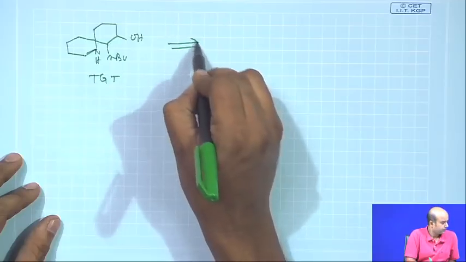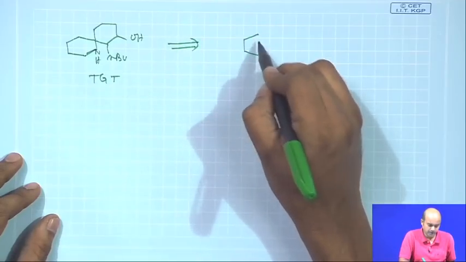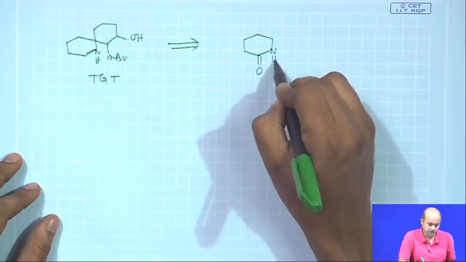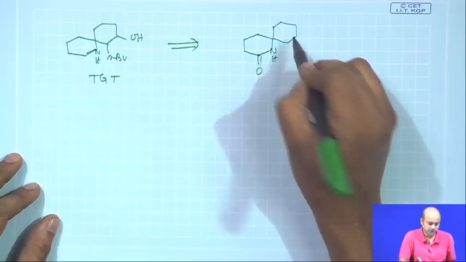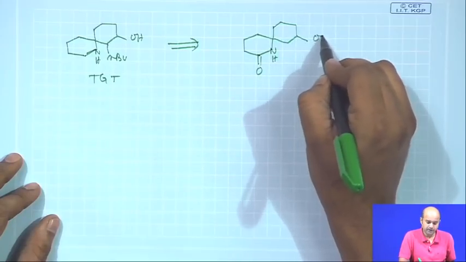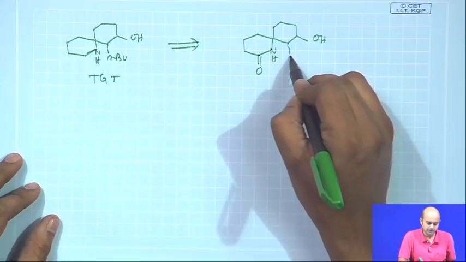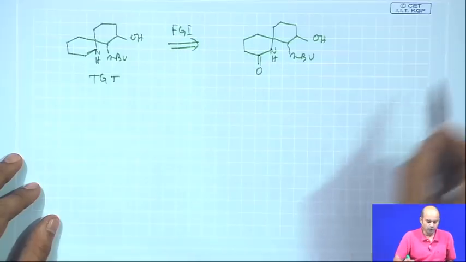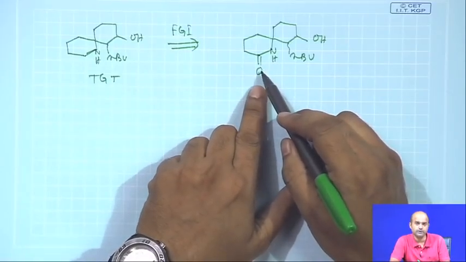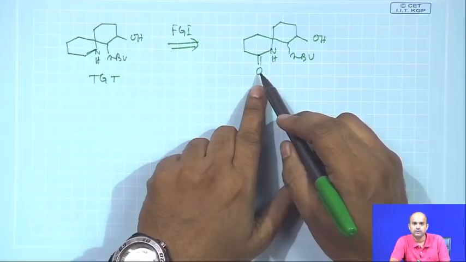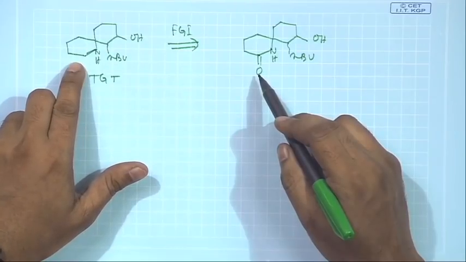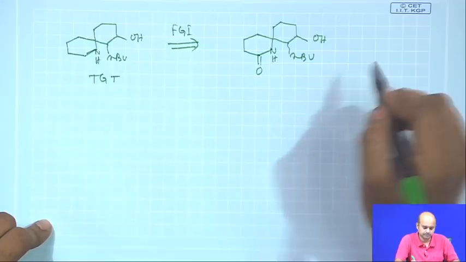Retro-wise, the very beginning will use a very powerful reductive transformation, which will basically convert an amide to the corresponding amine. It is a functional group interconversion. We all know an amide can be converted to the corresponding amine through a reductive way. You take an amide, react it with LAH, lithium aluminum hydride, and you basically get the amine. This is very standard textbook chemistry. Okay. So, it is FGI.